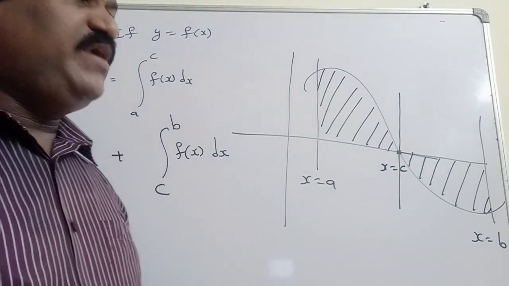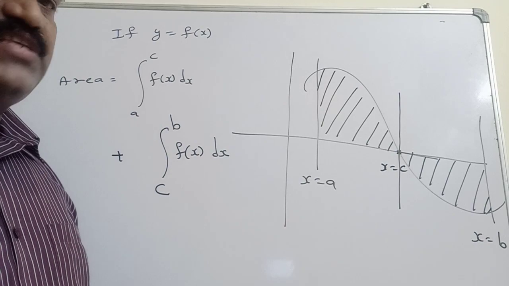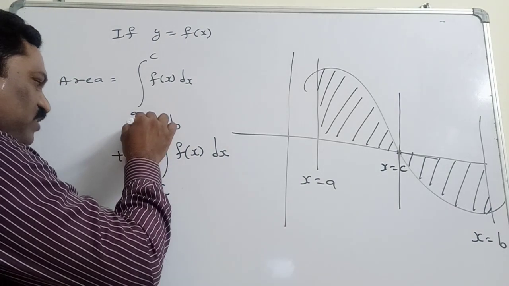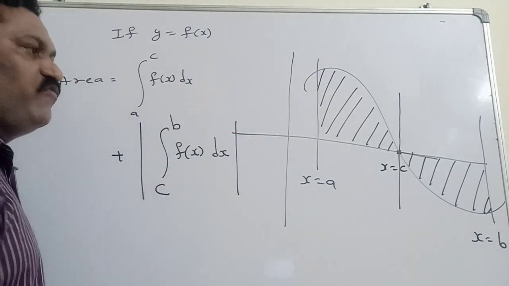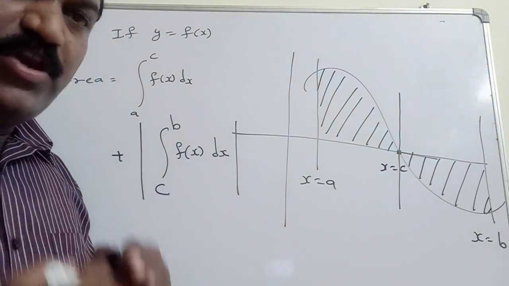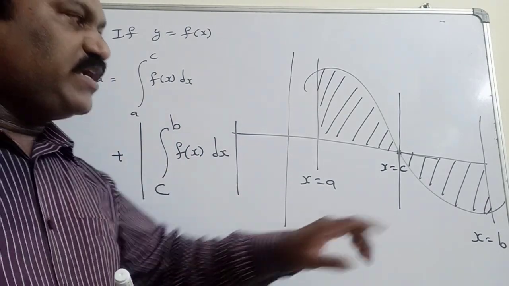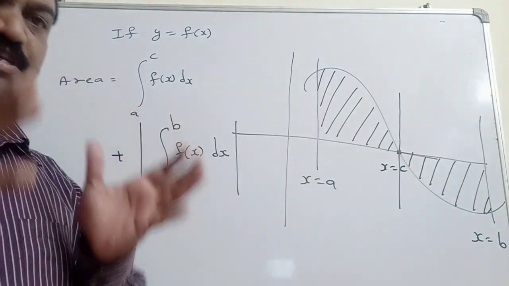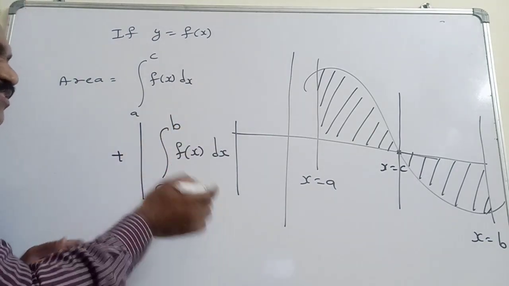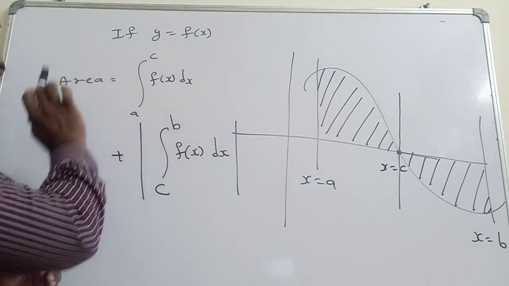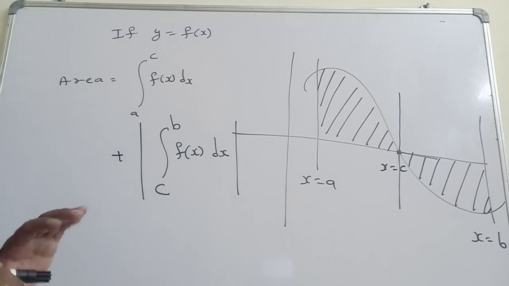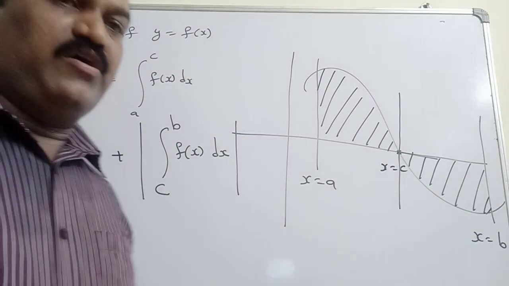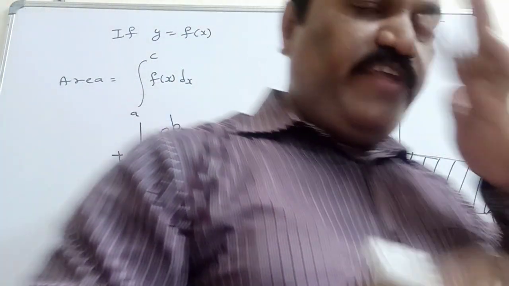But area numerically should always be positive. That's why we have to take the modulus whenever you find some curvature below the x-axis. For the part below the x-axis, we have to find a separate area with the modulus, then add that to the first area. Like that we have to split the area bounded between the curves. So these are the different cases.